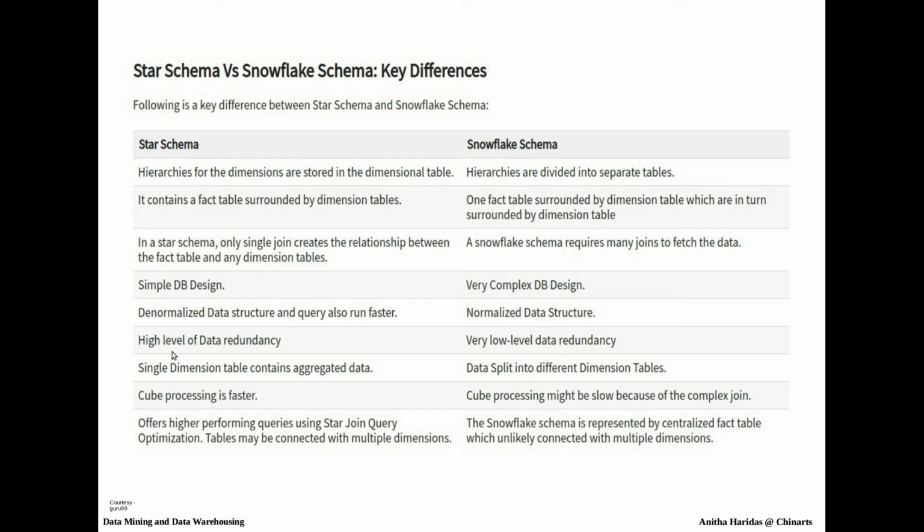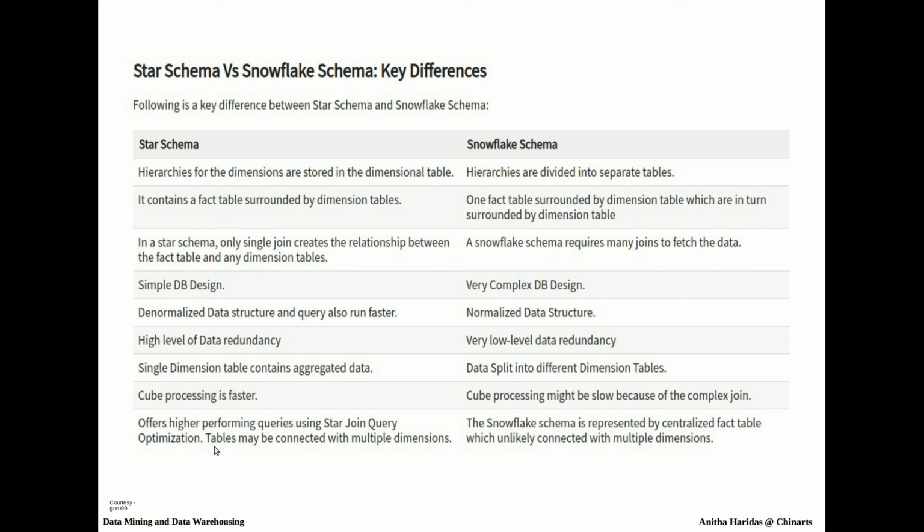So here there is a high level of data redundancy, but in snowflake a low level of data redundancy. And a single dimension table contains all the aggregated data, but here you are going to split them into different dimension tables. And here query processing is faster because all the information is available in a single table, but in snowflake query processing will be a little slower because of the complex joins happening.